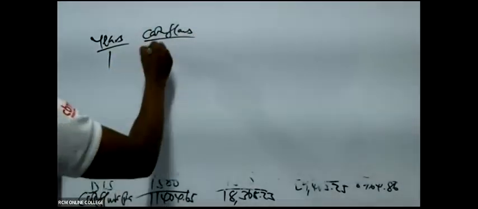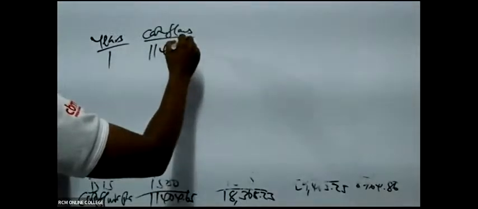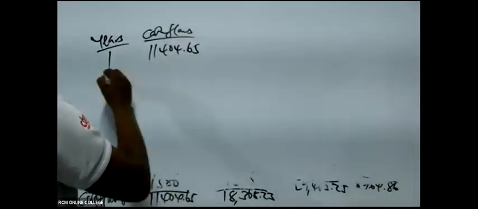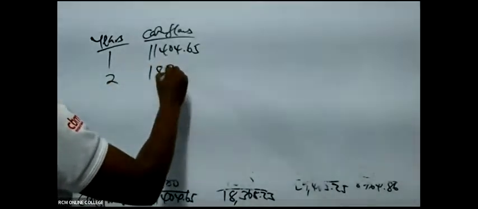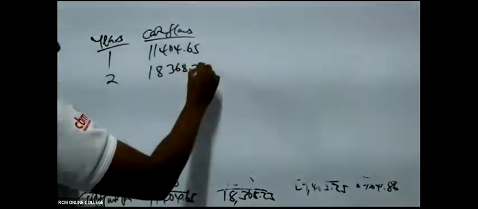Great. So come here. Let's have our years, then our cash flows. Year 1 is 11,404.65. Year 2 is 18,368.23.